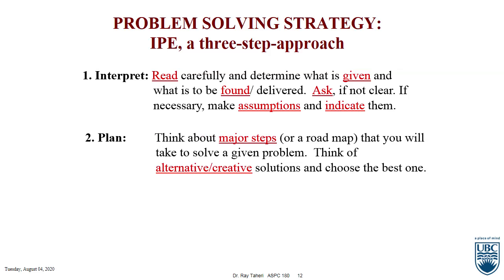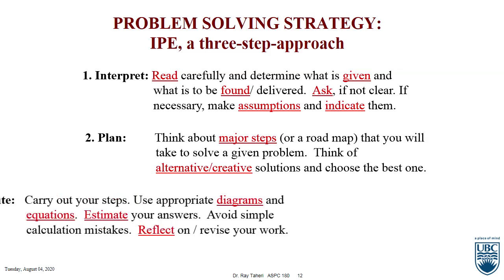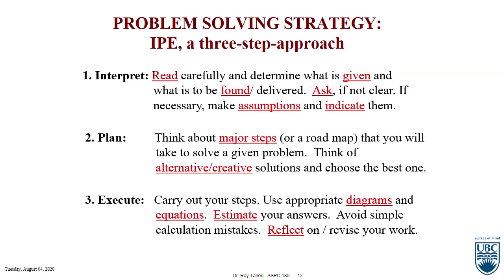The next is you plan. You should have a plan for how we get from what is given to what is asked. What is your roadmap? What is your strategy? This is the plan that you have to have. And of course, having a plan is good, but it only works when you execute the plan, when you do it.